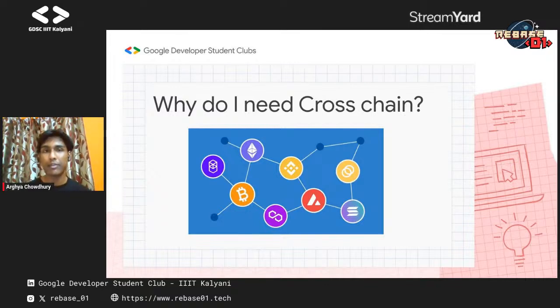What I mean is that it will make your dApp go cross-chain, and then you can attract customers who are on the other side. Say you have built something on the Ethereum blockchain and you want to attract customers who have their funds on the Solana blockchain. They can transfer directly and be part of your marketplace using these protocols.